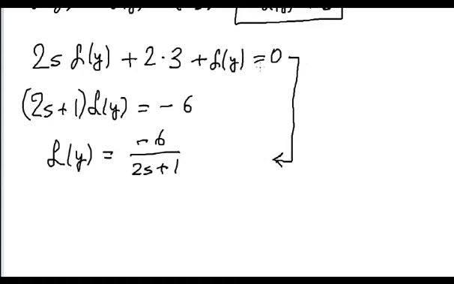Usually, with other examples of similar type, this process will be quite simple. The more complicated process is, from this point on, after I know what L of y is, to determine y, when I have to do the inverse transform of the rational function I get here.